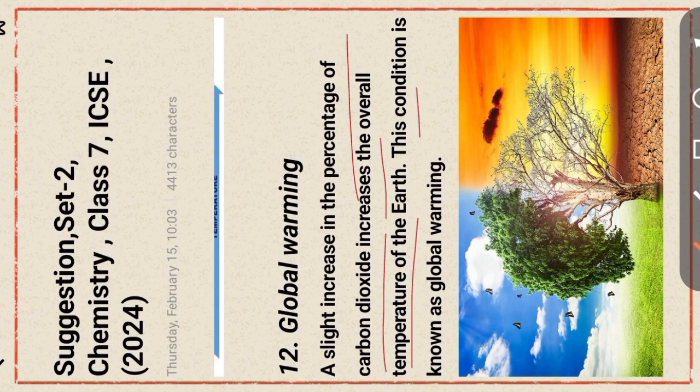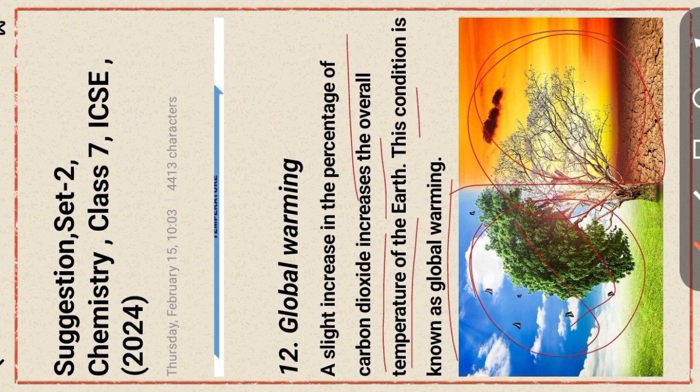This condition is known as global warming. My dear viewers, please look at the picture showing the difference: with global warming and without global warming. One situation is very comfortable, but the other is very bad.